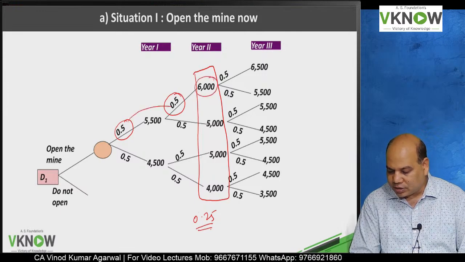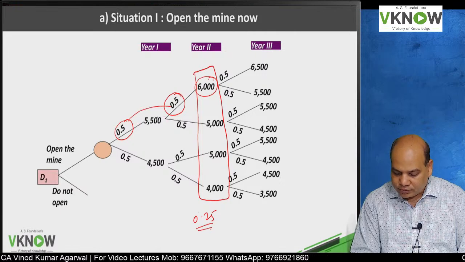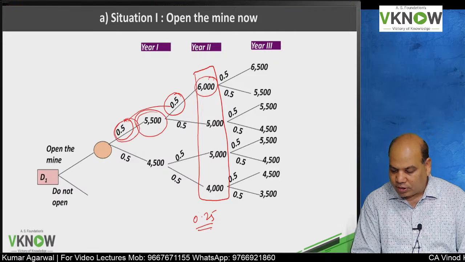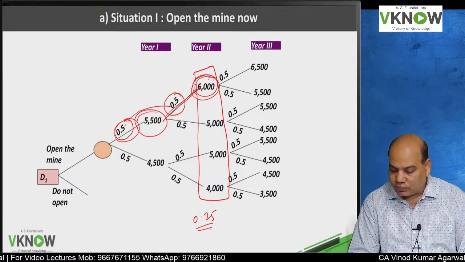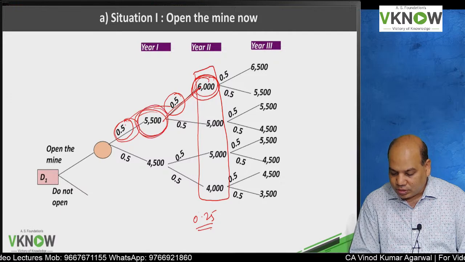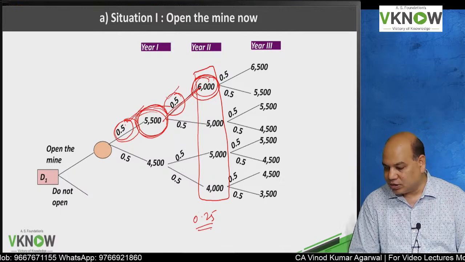If you get 5500 here, whose probability is 0.5, and then you get 6000 whose probability is 0.5, the probability of getting 6000 in the second year and 5500 in the first year will be the joint probability.